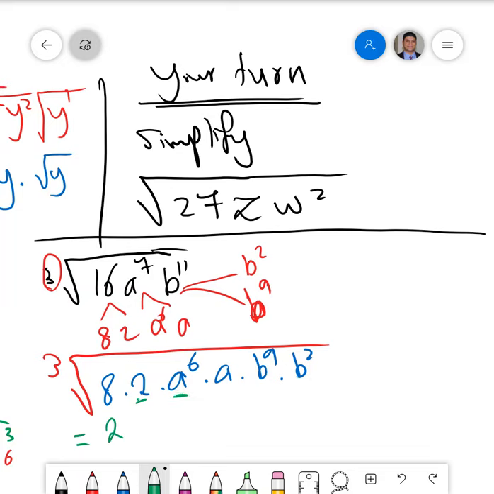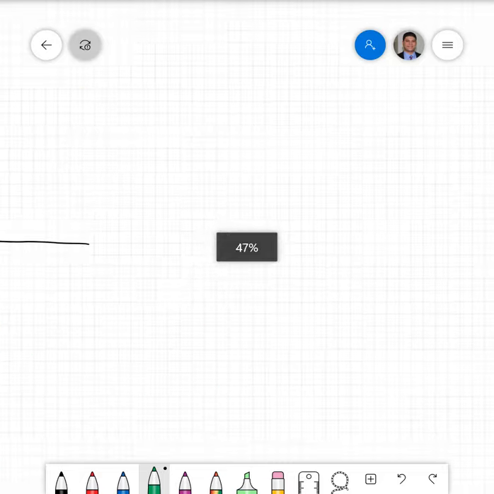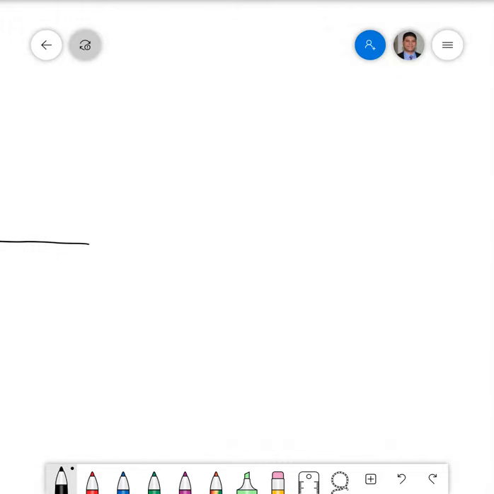Third root of a to the power of 6 is a to the power of 2, third root of a we keep under the radical, third root of b to the power of 9 is b to the power of 3, and we keep b squared, so we have 2a squared b cubed times third root of 2ab to the power of 2. Now your turn. Simplify.